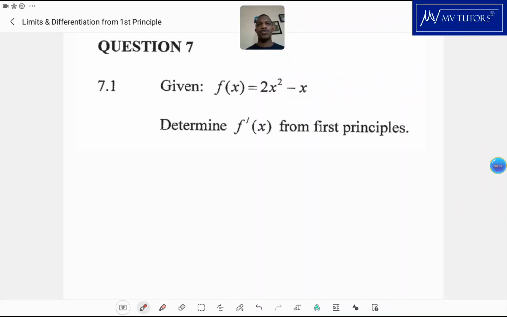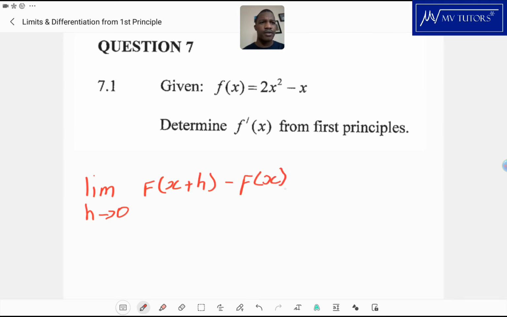So let's do this question now and try to understand it. What is first principles? First principles is still a limit, but it's a limit as h turns to 0, of f of x plus h minus f of x, divided by h.